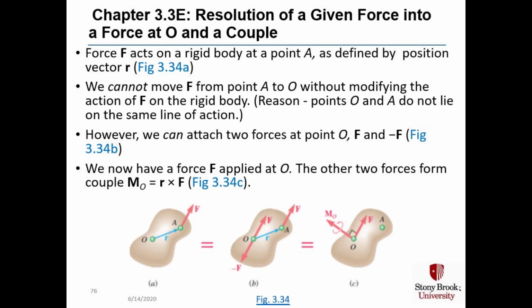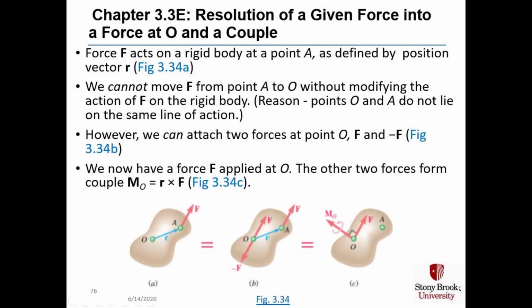But one thing we can do is attach 2 forces at point O that counteract each other: a force F acting parallel to our original force F, and a force negative F acting in the equal and opposite direction, because the net force of F and minus F is just 0.